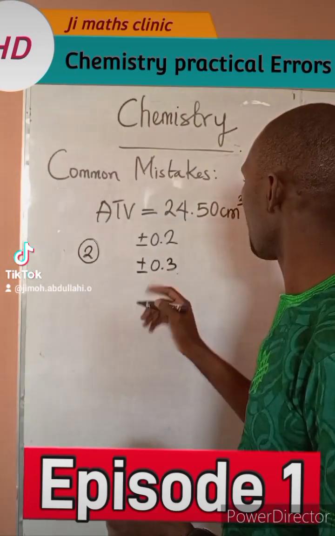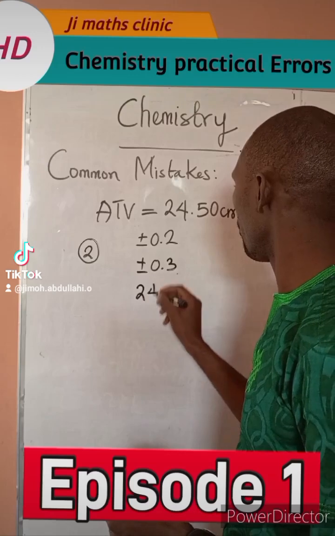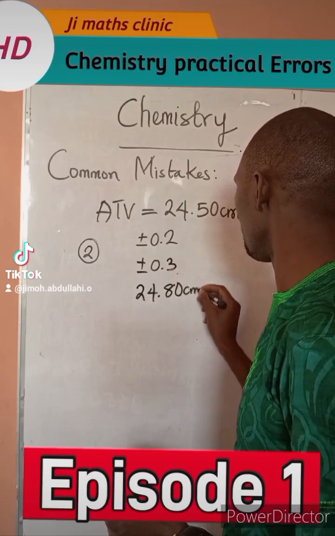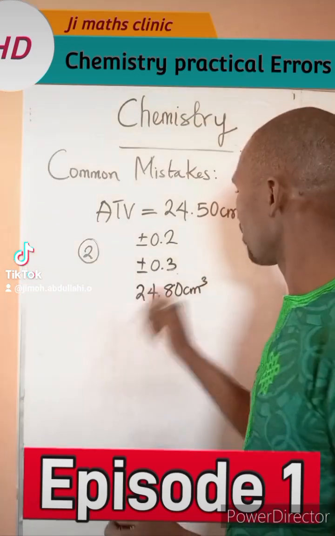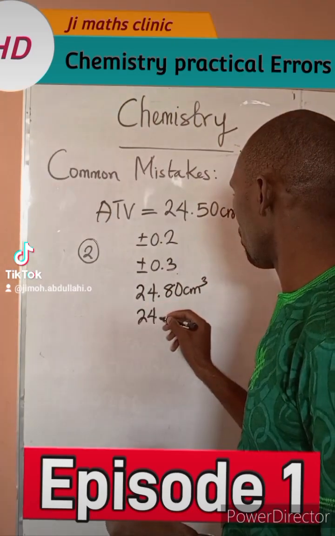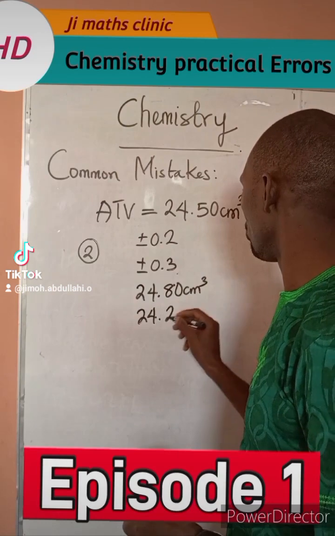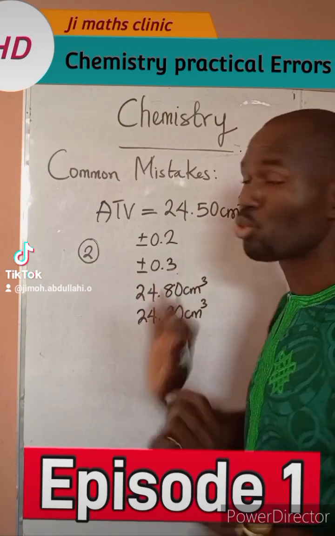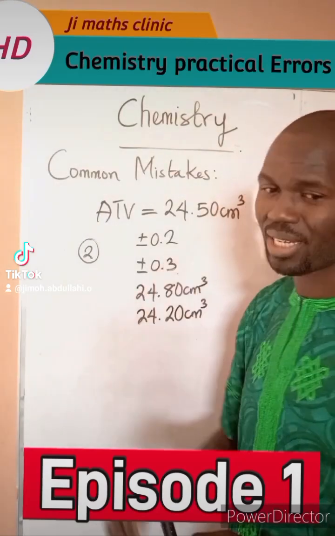For example, you have 24.80 cm3 or minus it, 24.20 cm3. This is just 2 marks. That means you have lost 1 mark for it.